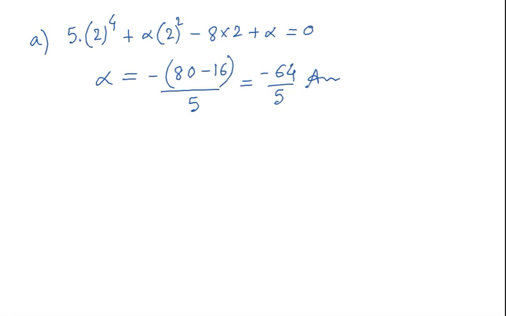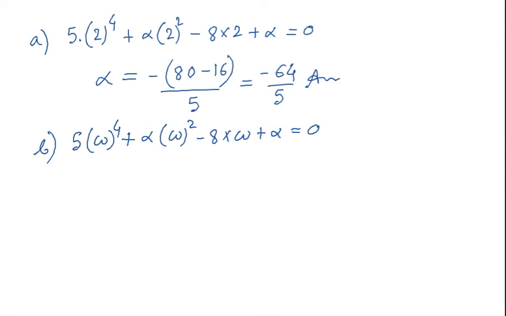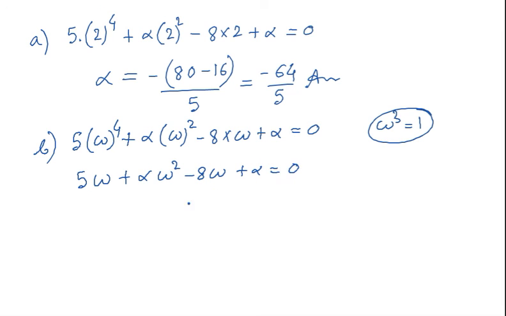So putting omega, for solving the second part of the question, it will become 5 into omega to the power 4 plus alpha into omega square minus 8 into omega plus alpha equal to 0. And as you know, omega is the imaginary cube root of unity, so omega cube is equal to 1. So we can write this as 5 omega plus alpha omega square minus 8 omega plus alpha equal to 0.